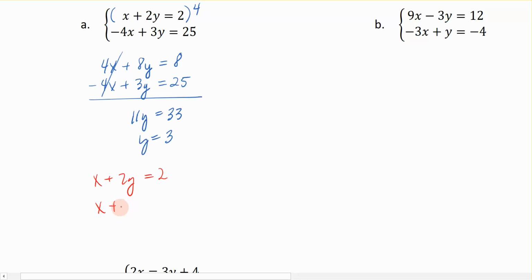So I have x plus 2 times 3 equals 2. So x plus 6 equals 2. Subtract 6 to the right, and I get x is equal to -4. So the solution to this system of equations is an ordered pair represented by (-4, 3). So there's one solution to that one.